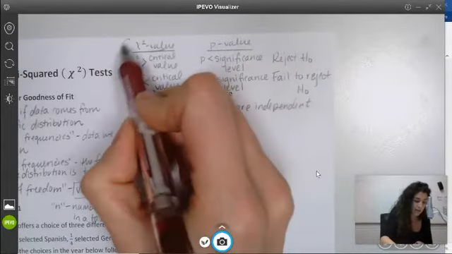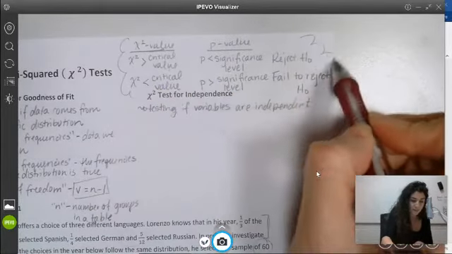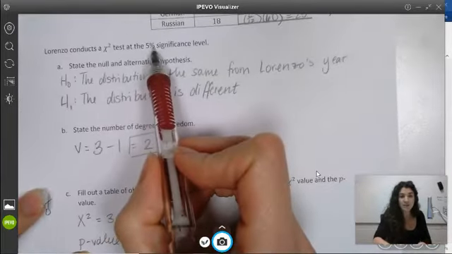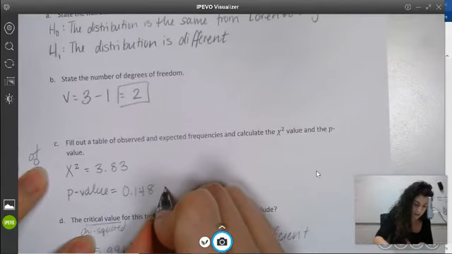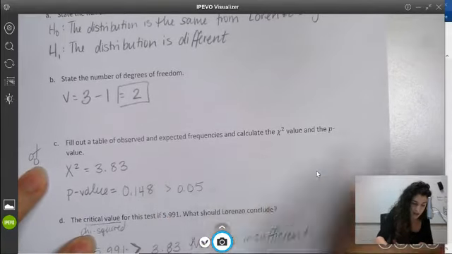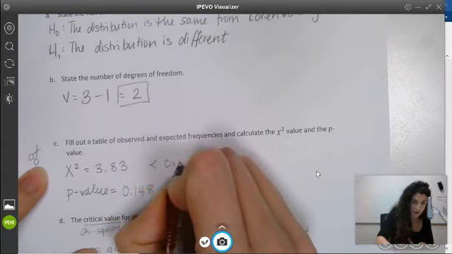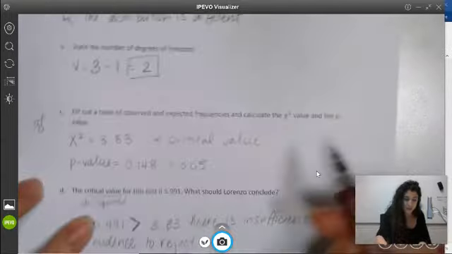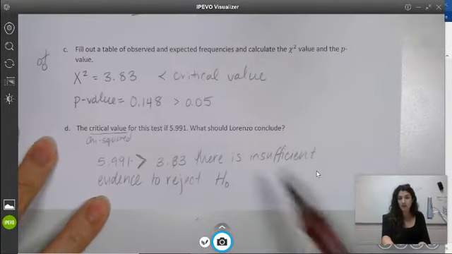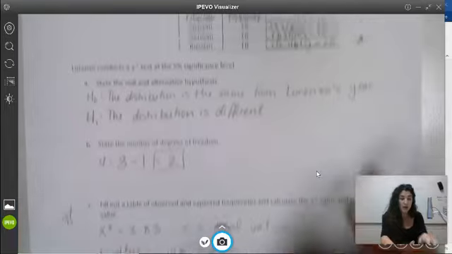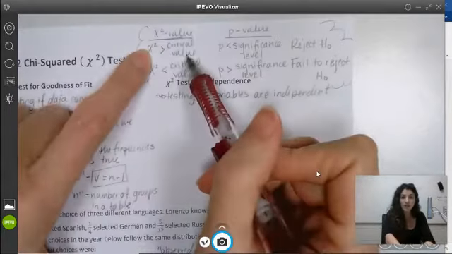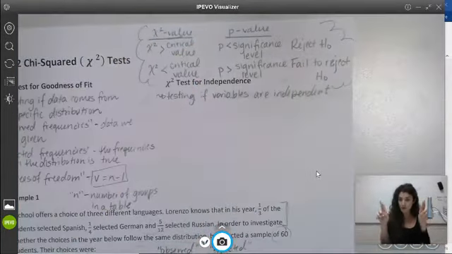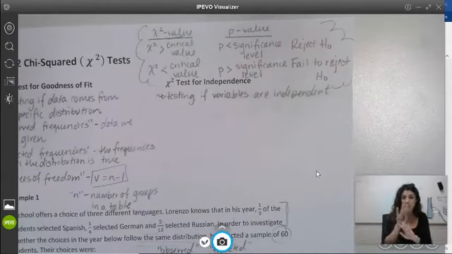Both of those situations happened in this example, where the significance level is 5%, so our p-value is greater than 0.05, and our chi-squared value is less than our critical value. And both of those result in a fail to reject of the null hypothesis. So you have to only compare chi-squared to critical value and p to significance level. Those are the only two that get compared to each other. Do not cross ways with that.